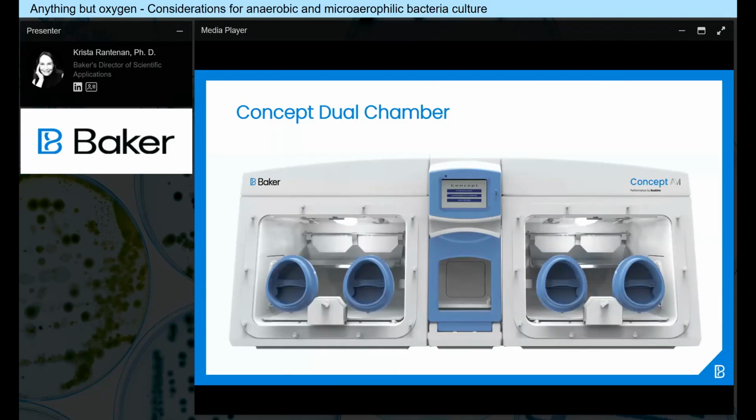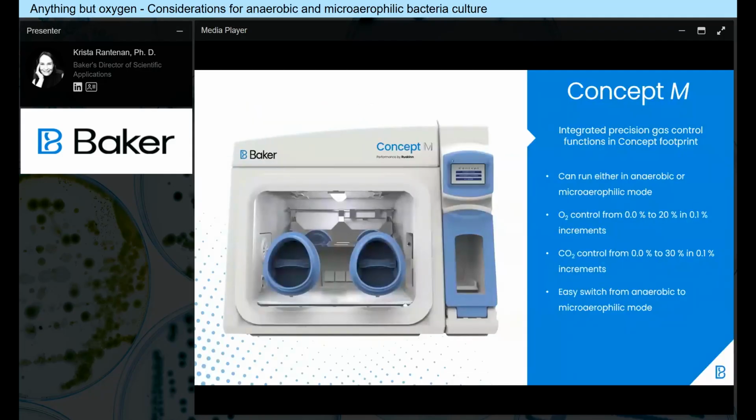Coming to an end, the single chamber Concept also comes as a microaerophilic model, and this has been quite popular among microbiome researchers because of the flexibility of the oxygen and CO2 control.